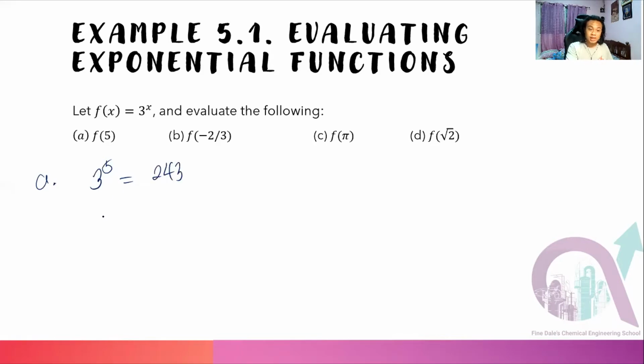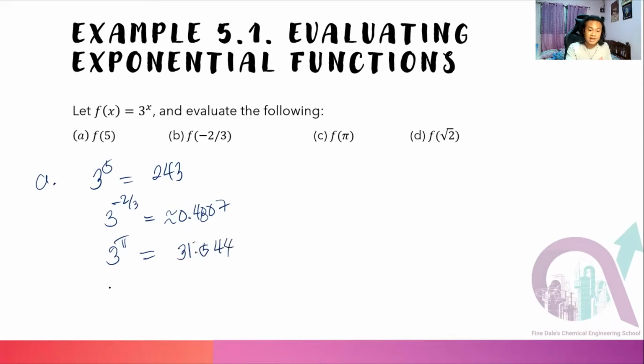For B, 3 to the negative 2/3, if you put that in your calculator, it's around 0.4807, rounded to 4 decimal places. If you substitute pi, you will have 31.544.